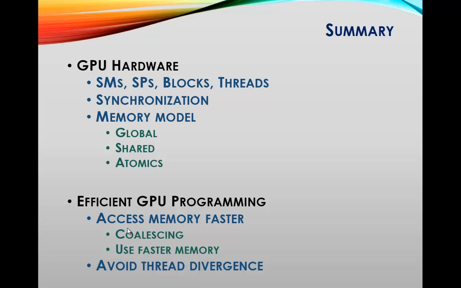And finally, we talked about avoiding thread divergence and trying to write programs in such a way that you would have very little memory collision, and very little possibility for threads to take drastically different routes of operation, and therefore decreasing your GPU and streaming multiprocessors occupancy.